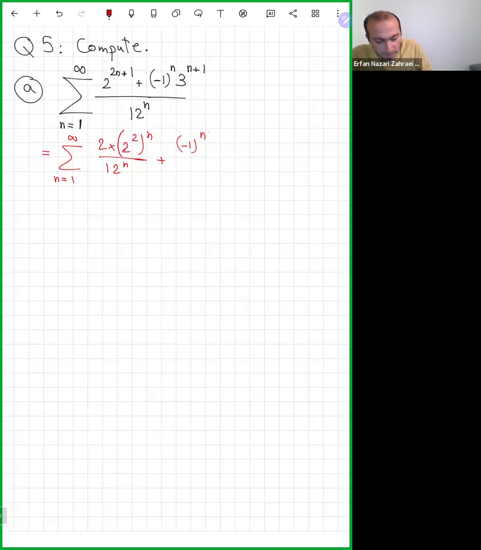For the second term, I have this, this, and this. Again, I want to have n there, so I will extract one of the threes as the coefficient, and I will write it like this.